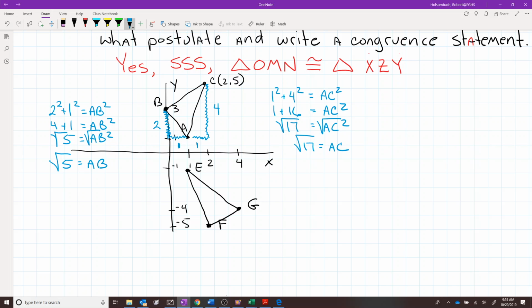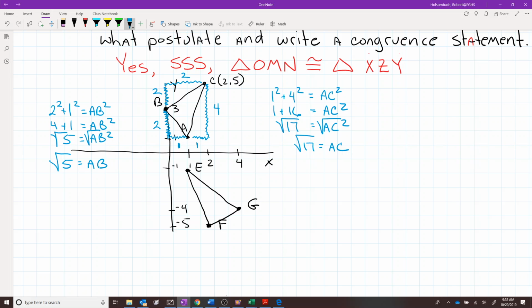And then you're going to do the same thing for side BC. So your vertical change goes from 3 to 5, so this side is 2. Your horizontal change goes from 0 to 2, which is 2.